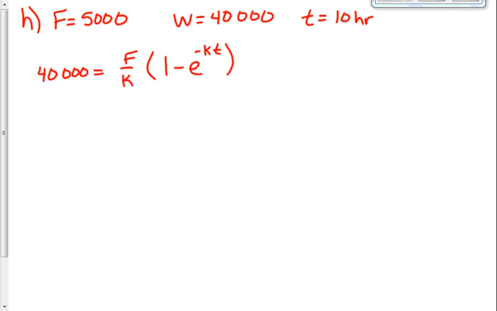I started with the F and K that we had before. So I now have 40,000 is equal to 5,000 divided by K times 1 minus e to the negative K times 10, because we're at time 10, negative 10K.